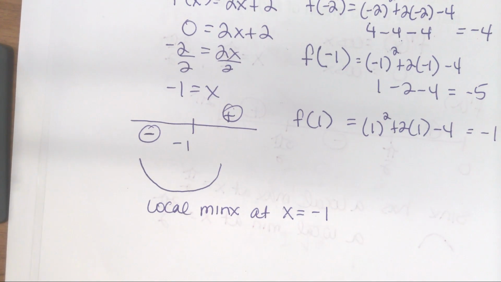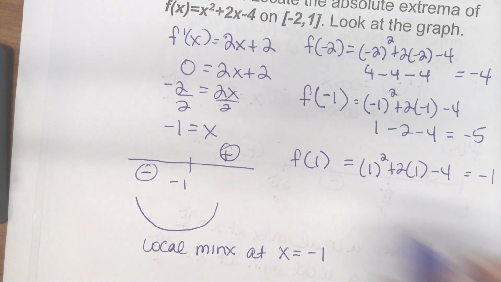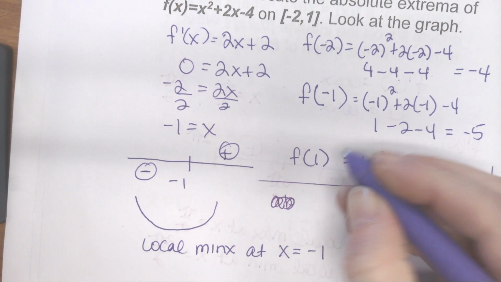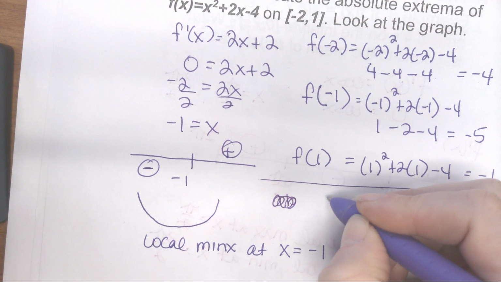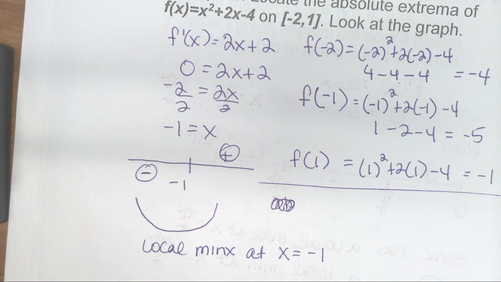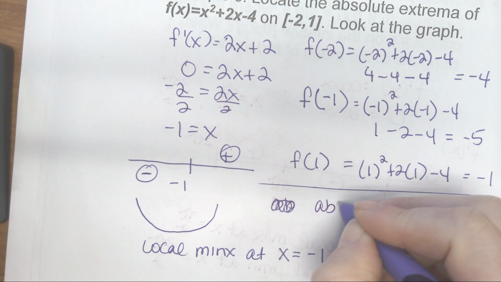Okay, let's summarize. Let's start with local. Oh, it just says the absolute. Okay, well then we'll just do the absolute. All right, so we're going to say absolute max. What is it?